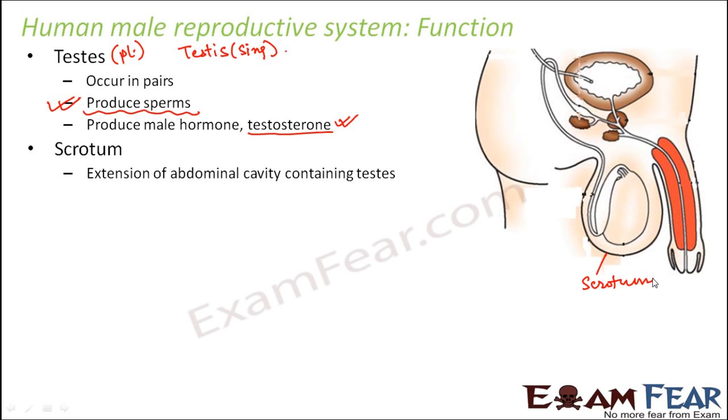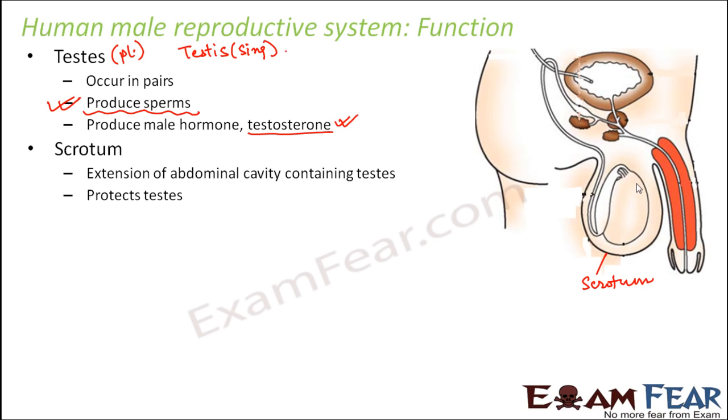And how can we ensure that? By keeping the testis in a separate cavity, and that separate cavity is the scrotum. So here you can see this entire thing is the abdominal cavity, but the scrotum is like an extension of the abdominal cavity which contains the testis, and which ensures that the temperature here is a little lesser when compared to the internal body temperature.